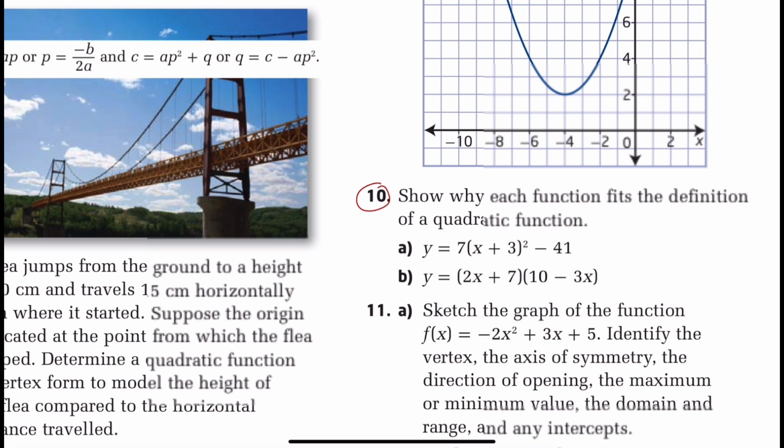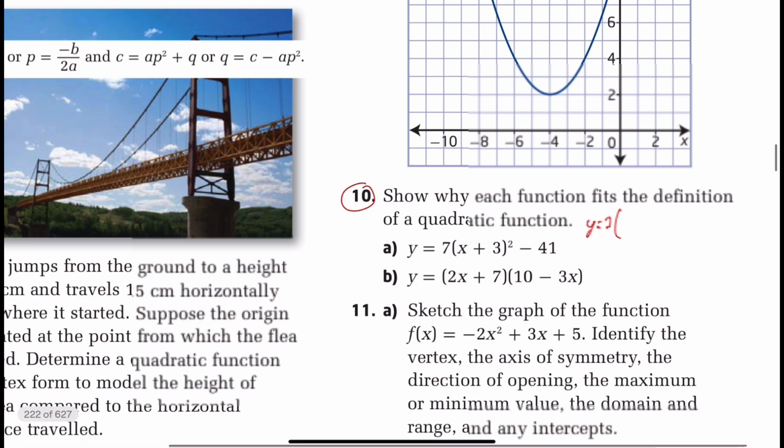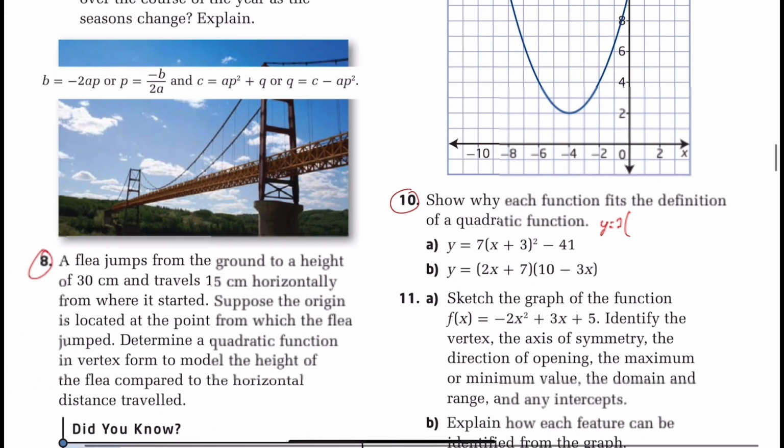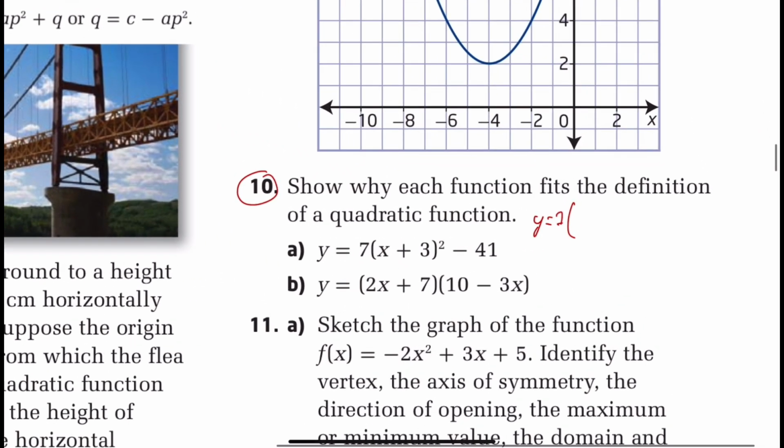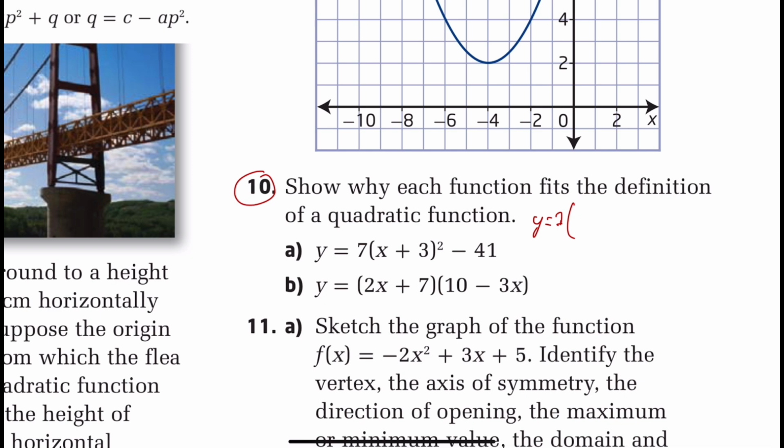So let us do this first one. y is equal to 7 times (x + 3) squared minus 4. I will just expand this.